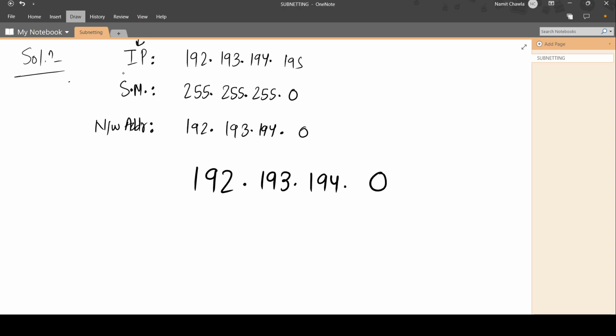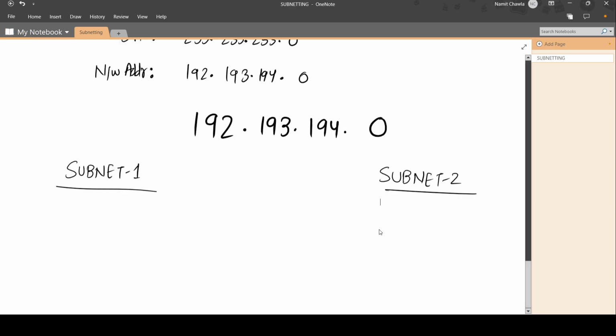What I'll do now is split this part into 2. At one end you want to have one subnet, so I'll write subnet 1, and on the right hand side I'll write subnet 2. As simple as that.